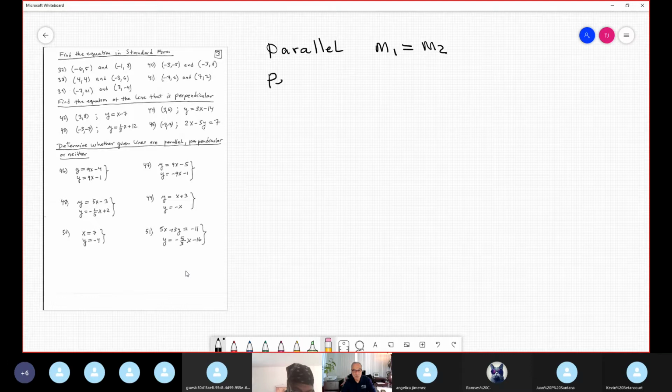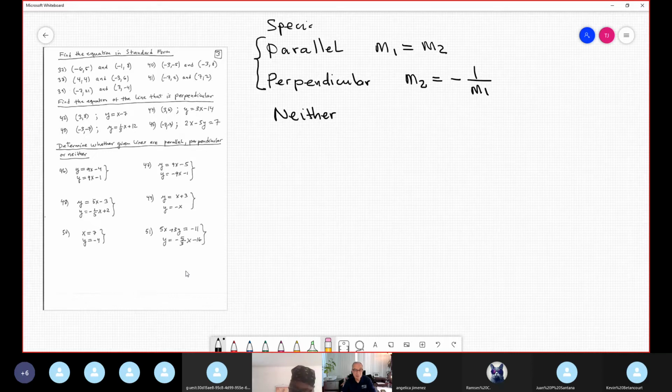When it's perpendicular, the relationship between the slopes is this: reciprocal and opposite sign. Otherwise, neither. Any other relationship is not special. These are special. It's ordinary, not special. The category is neither.